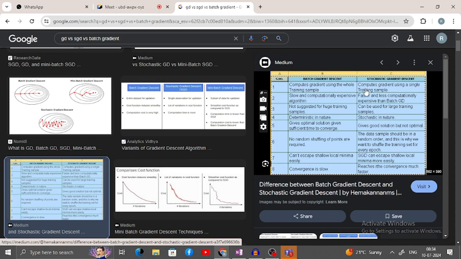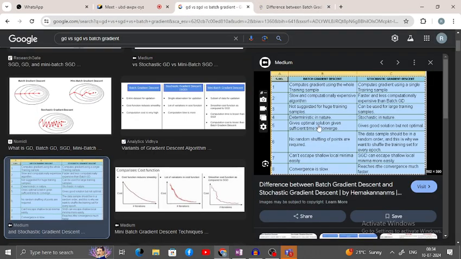Look at this. Batch computes the gradient using the whole training sample. Stochastic computes on a single training sample. Batch is computationally expensive, while stochastic is faster because it takes a single point.